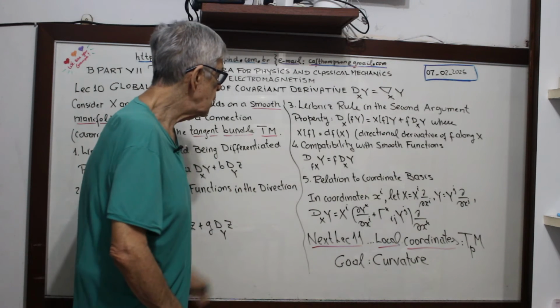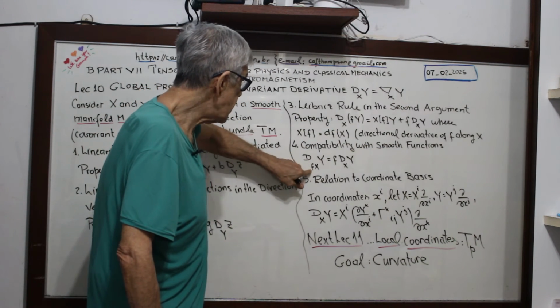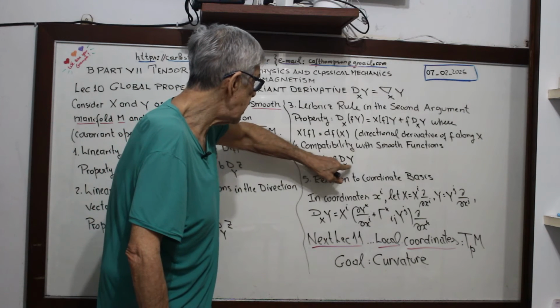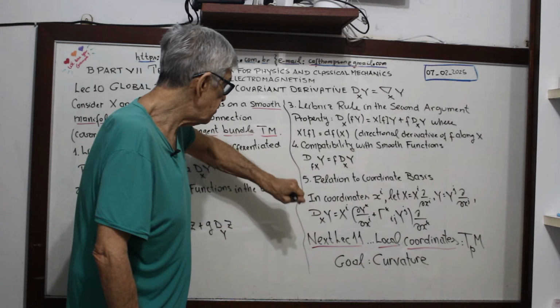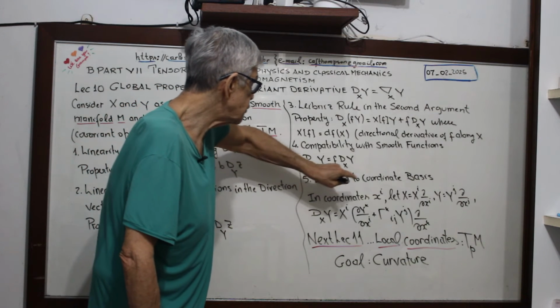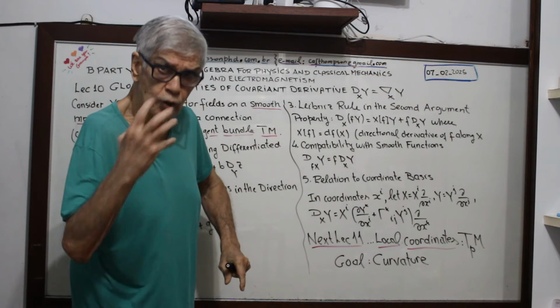Number 4, compatibility with smooth functions: D_{fX} Y is f D_X Y. And the relation number 5 is a relation to the coordinate basis. Also global.